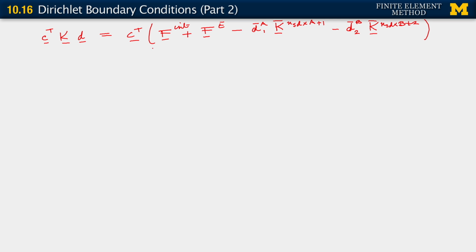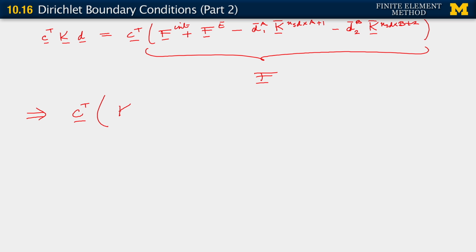As we've been doing in previous problems, that is our final F vector. So what this implies is C transpose KD minus F equals 0.